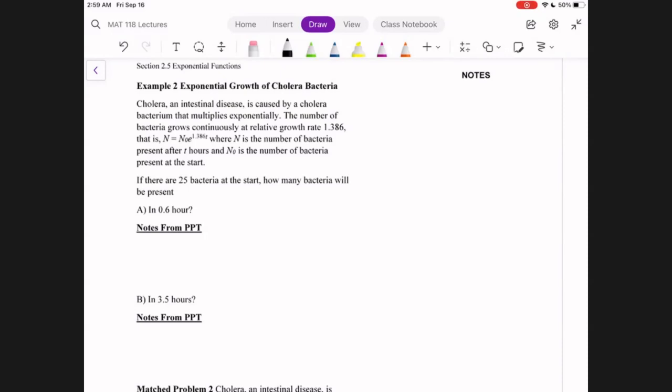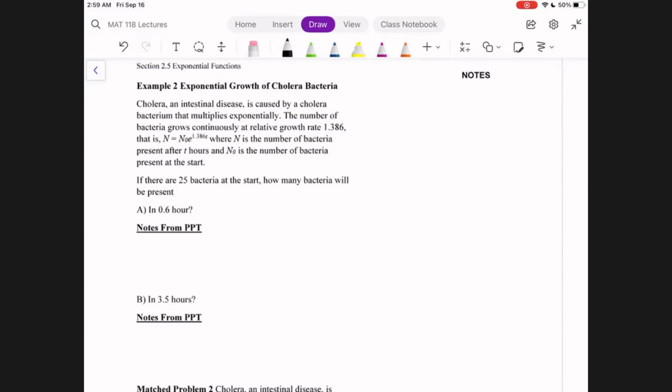One will ask you to graph, okay? But one of them will ask you to estimate the population and write the equation, okay?